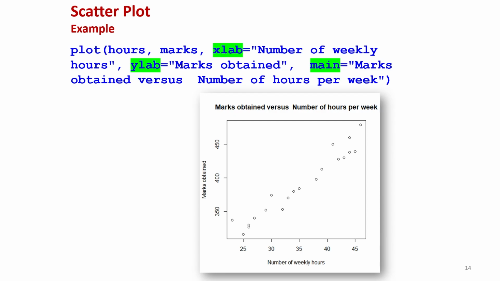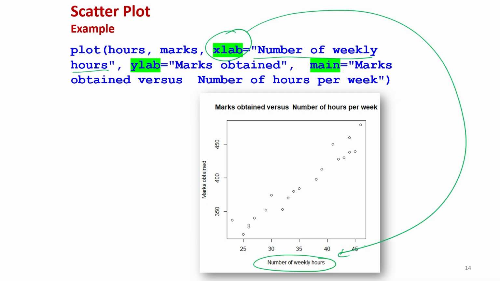Now if you want to modify it and make it more informative, you can use different types of options. If you want to give a title on the x-axis, something like number of weekly hours, then I can use the option xlab, and within double quotes I can write number of weekly hours.